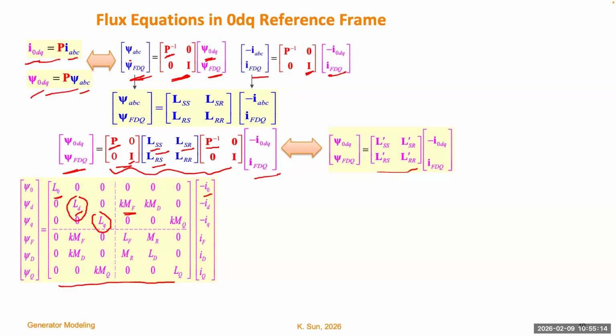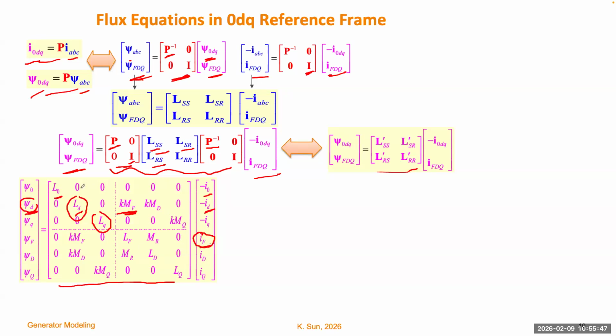This kMF is linking the flux linkage in the D axis to the F current. So this is like a mutual inductance coupling the D axis and the field winding. The flux linkage is in the D axis, and the current is in the field winding.